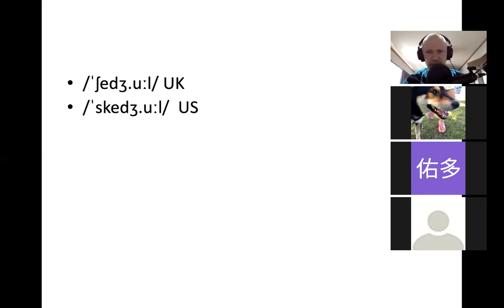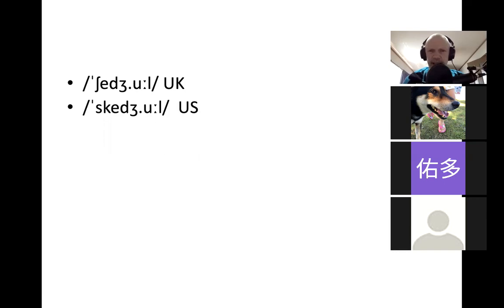So you can see they don't have the sh, so the pronunciation is different. But American English does have the sh sound. It's not like they don't have it, so it's not a phonological difference. It's just a pronunciation difference. And now I don't say the British one anymore.